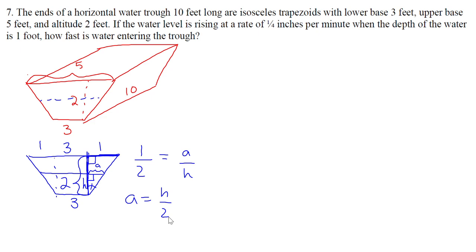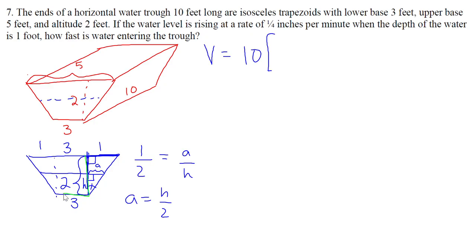So once I have that A is equal to H over 2 here, I should be able to come up with a full, nice little formula for my volume. And so my volume is going to be 10 for the length times the area of that trapezoid as it fills up. Well, the area of that trapezoid as it fills up is this rectangle in the middle, which I'm going to sketch in green here.